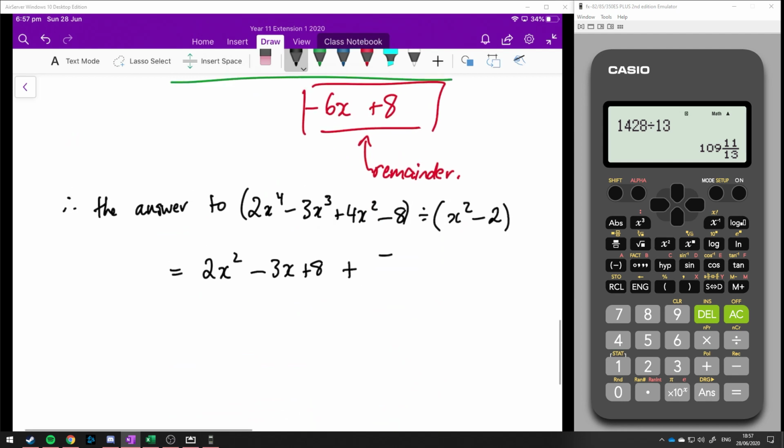So our remainder is minus 6x plus 8 over x squared minus 2. So just like before, where it was like 11 over 13, it's going to be our remainder over the divisor.